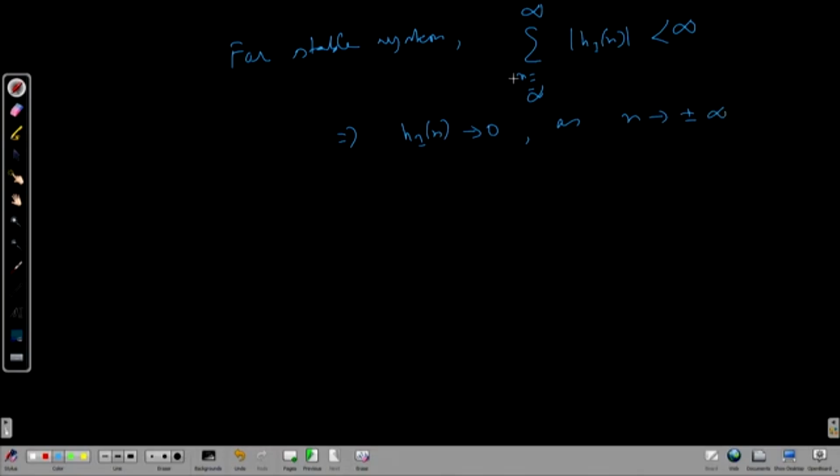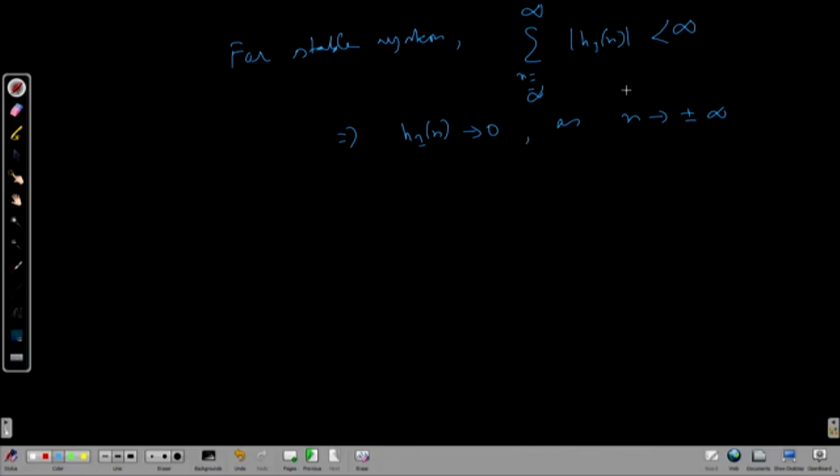That is, as we go towards plus infinity or minus infinity, these Hin values have to go down, and then only the summation you can work out, it will converge. But if Hin does not go down, suppose it remains constant at 1 on either side, plus infinity and minus, the summation will not converge.